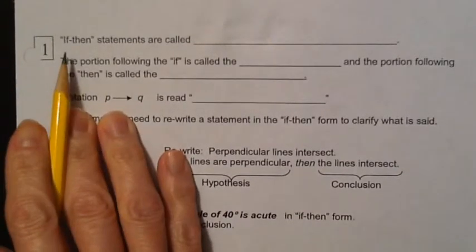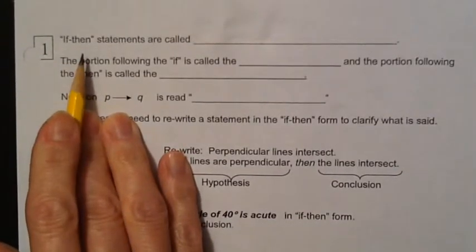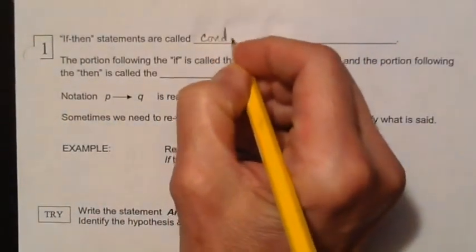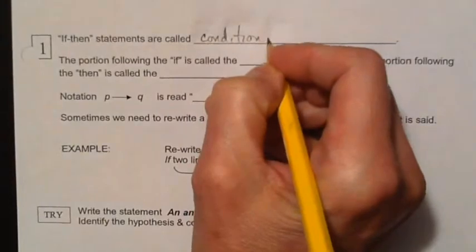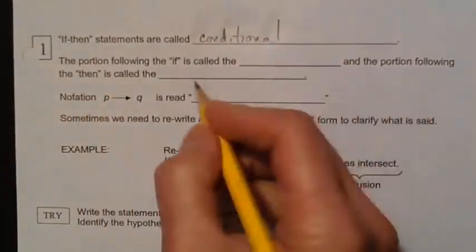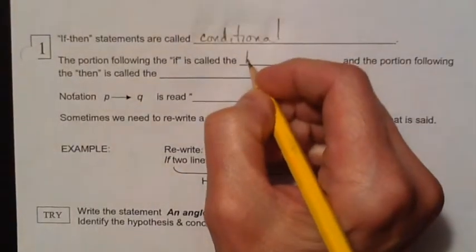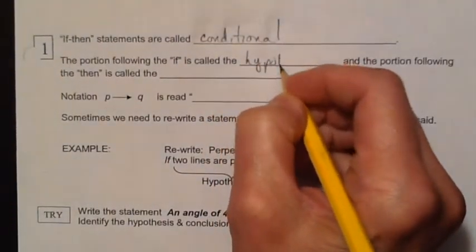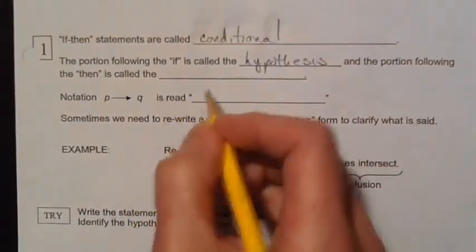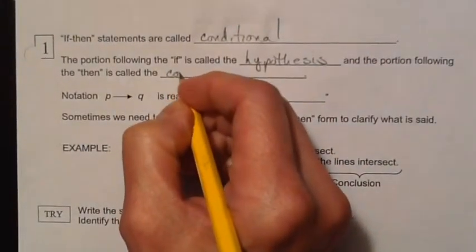In this video, we're going to take a look at if-then statements. If-then statements are called conditional statements. The portion following the if is called the hypothesis, and the portion following the then is called the conclusion.